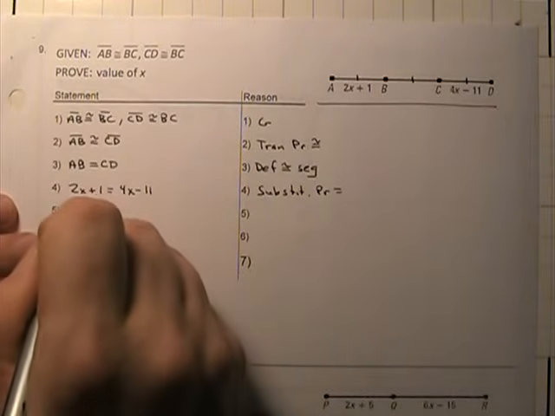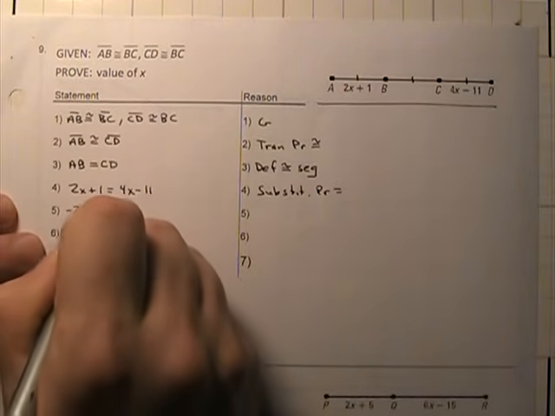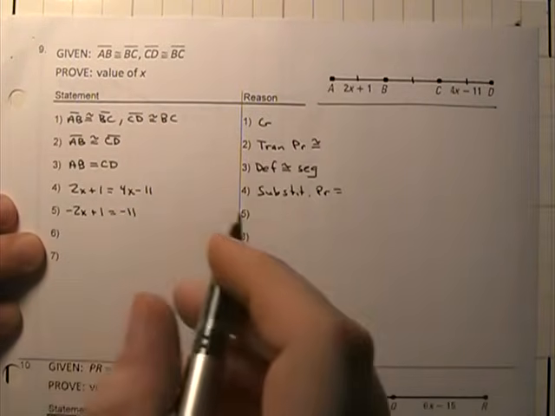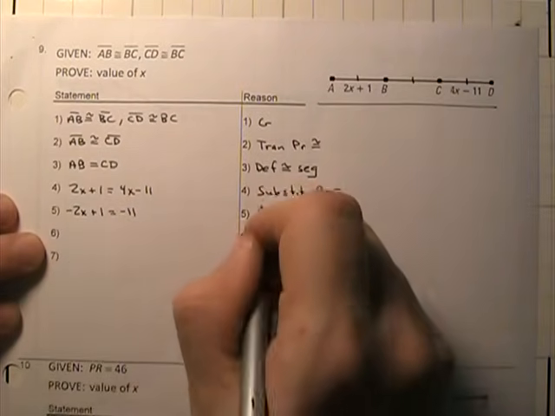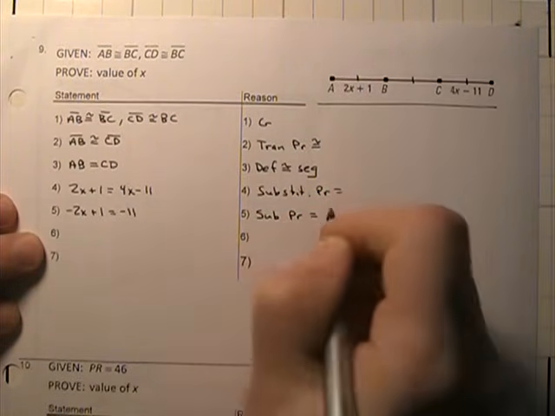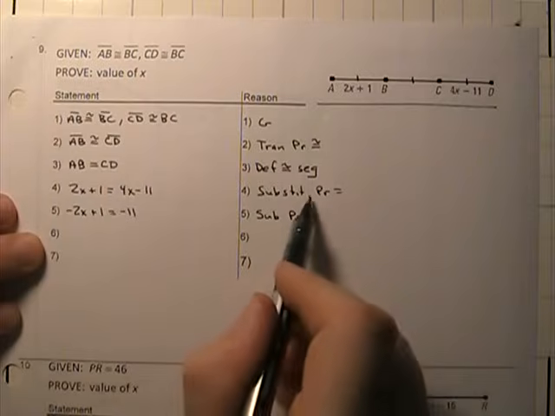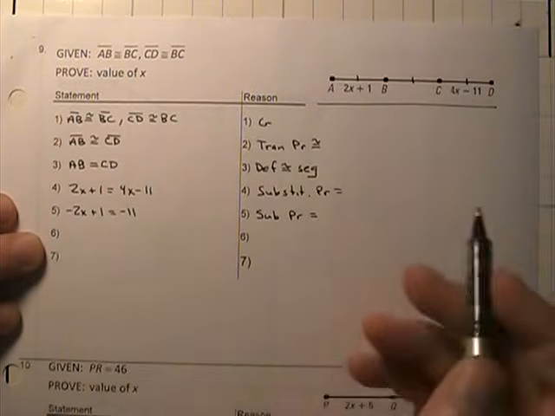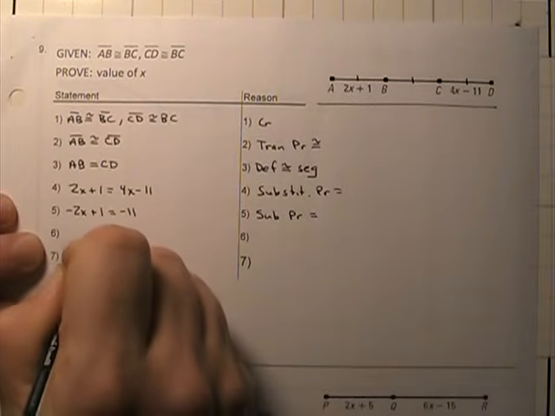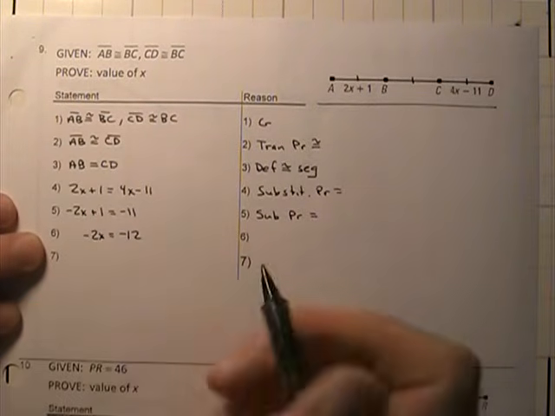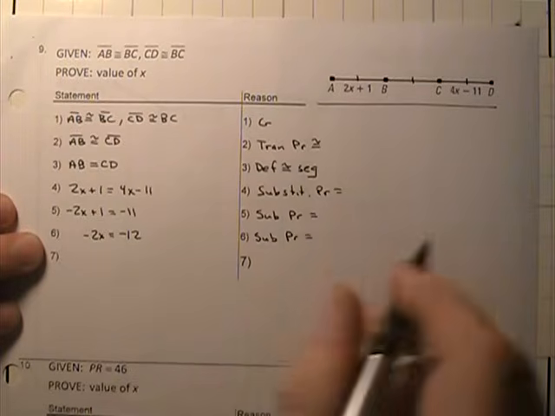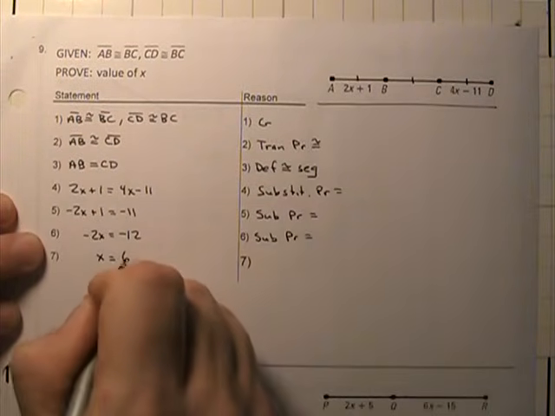Okay, let's start moving things around. Negative 2x plus 1 equals negative 11. I like the x's on the left right from the start, so I'll subtract rather than add. And that'll be the subtraction property of equality. Notice, keep these two straight, so write a little extra out there for substitution. And let's subtract 1 from both sides. That's also the subtraction property of equality. We'll divide both sides by negative 2.